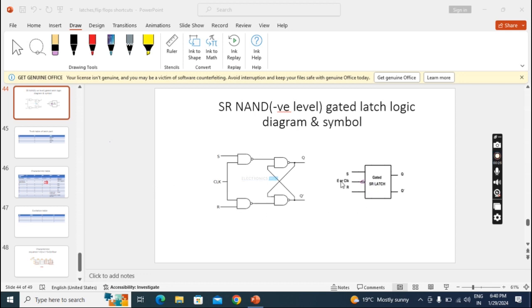It means we apply 0 outside, but inside it will be inverted and go as 1. A positive level circuit responds when we apply 1 and will hold when we apply 0. But a negative level circuit will hold when we apply 1, and it will respond when we apply 0. Okay, that we have to observe.